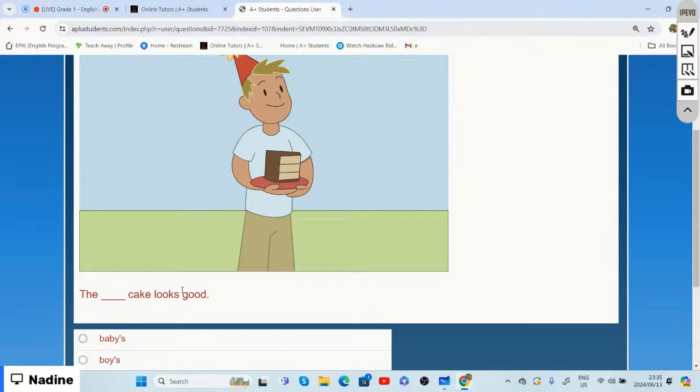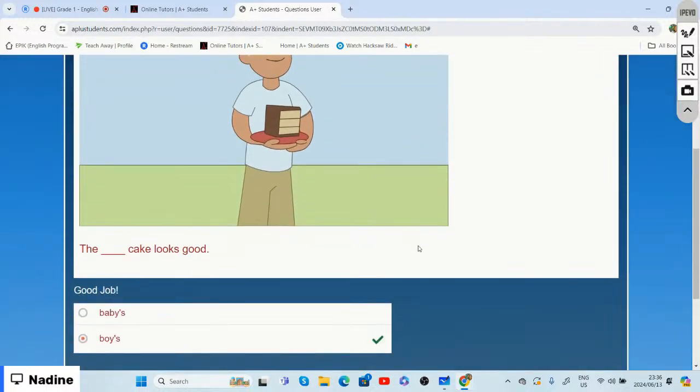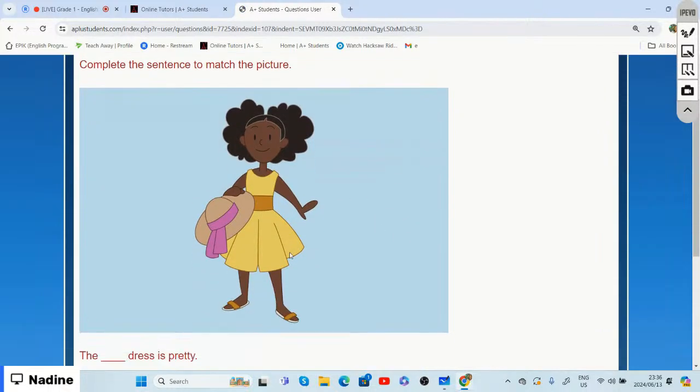If we were to choose the correct answer, we would say the boy's cake looks good, right? Because he's a boy, not a baby anymore.